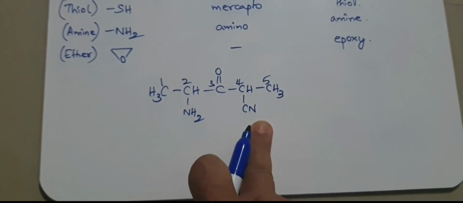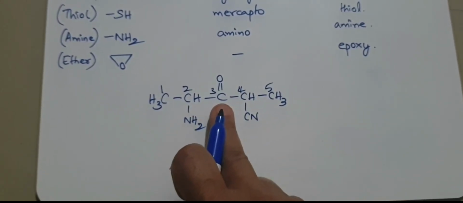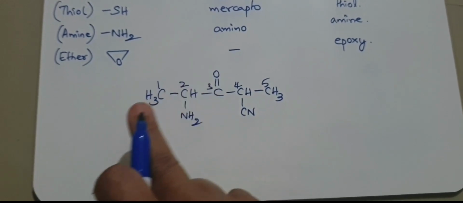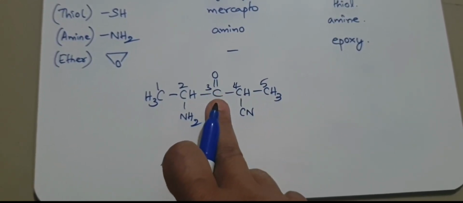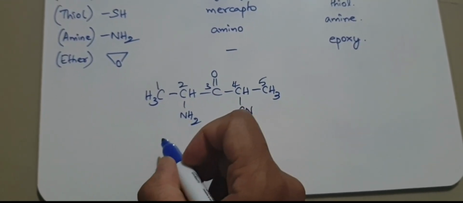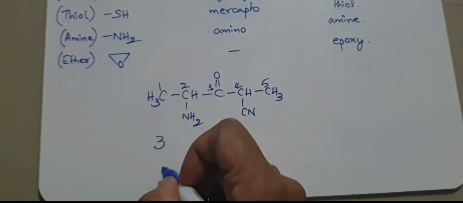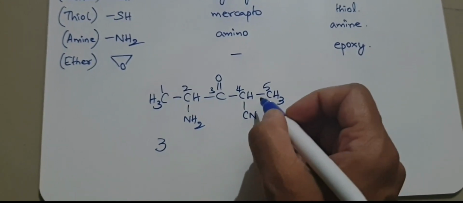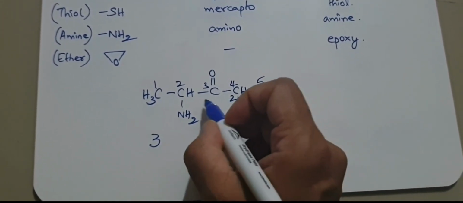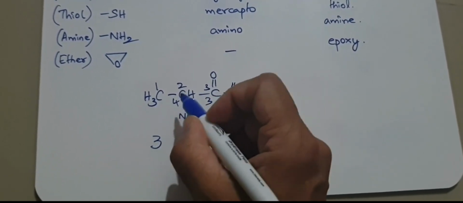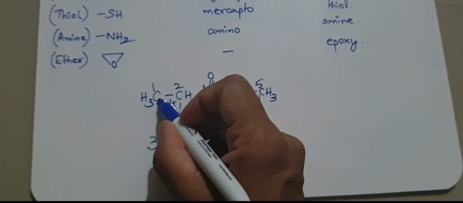So if you take the position of the functional group, whether you number it from the right hand side or from the left hand side, it is getting 3 as the number. Alright. If I take the numbering from the right hand side, it is 1, 2, 3, 4, 5.